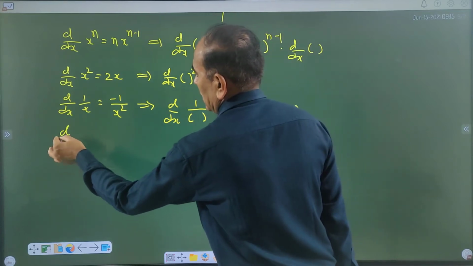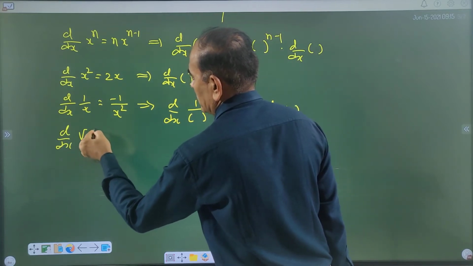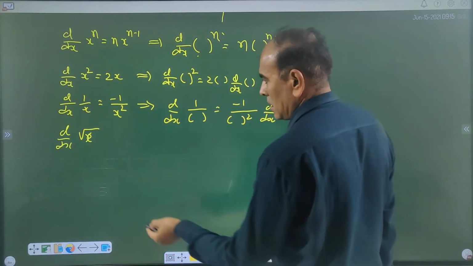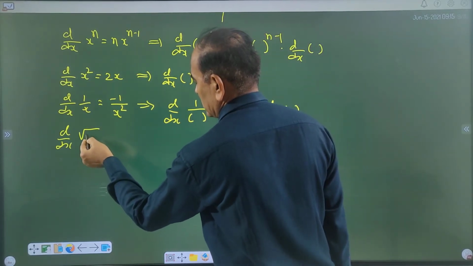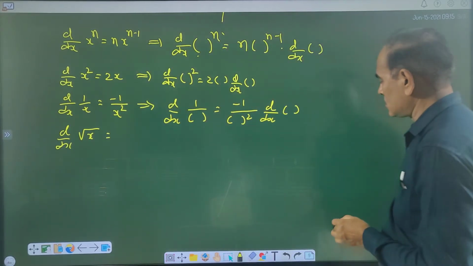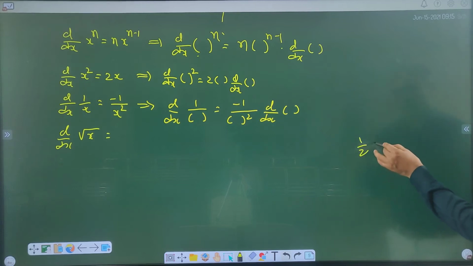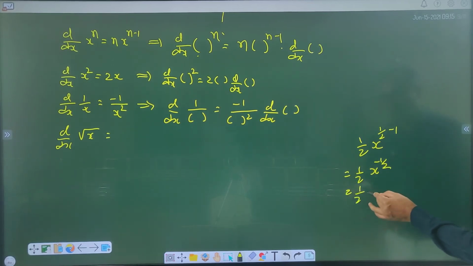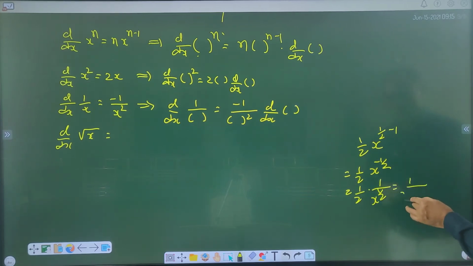Now take n is equal to half, that is root x. What is the derivative of root x? Take n is equal to half: half x raised to half minus 1. So half x raised to minus half. So half into 1 over x raised to half. That is 1 over 2 root x.